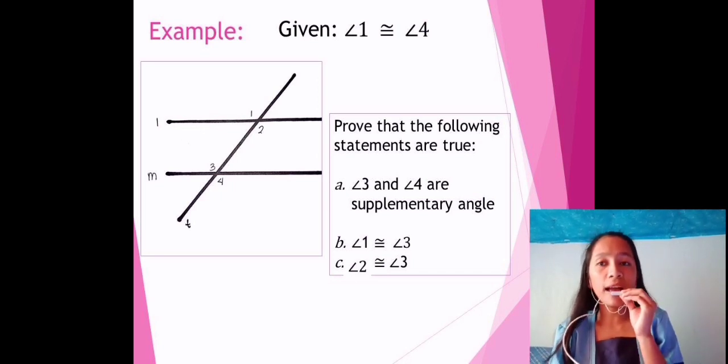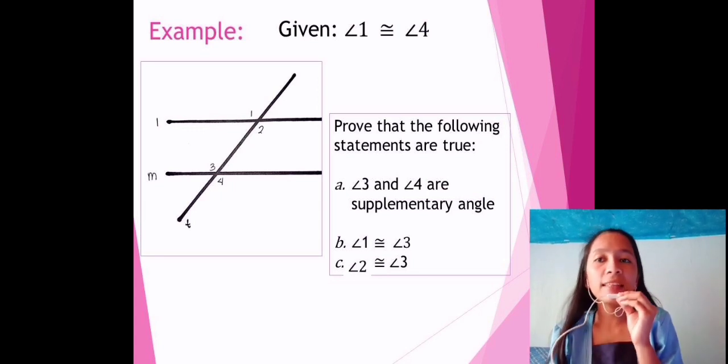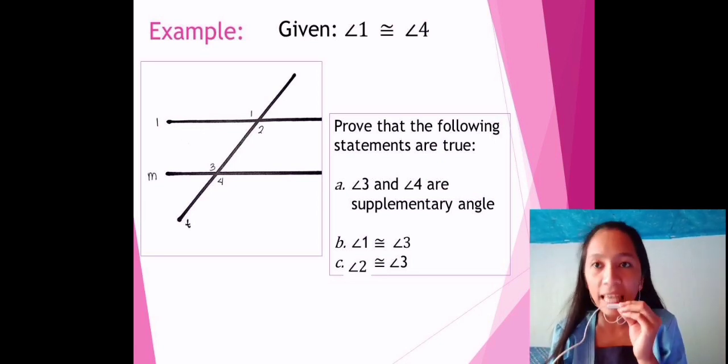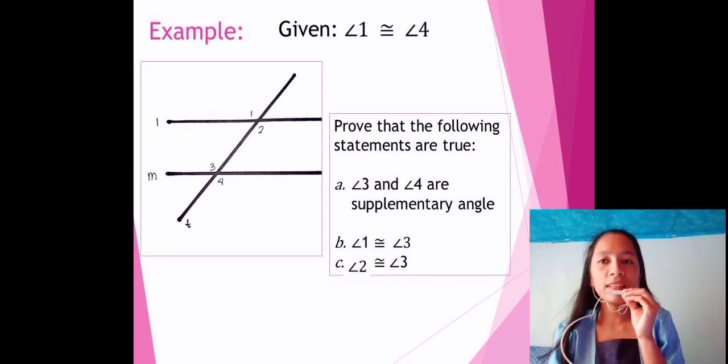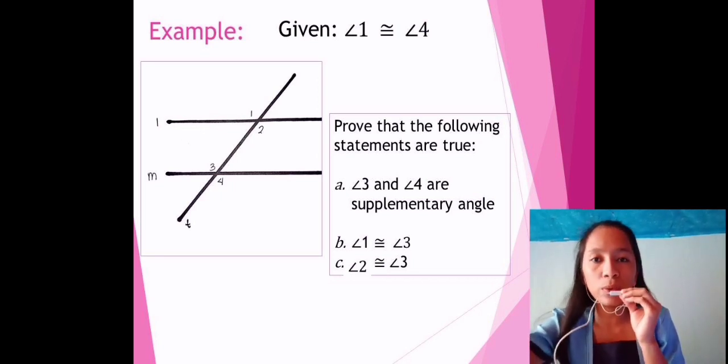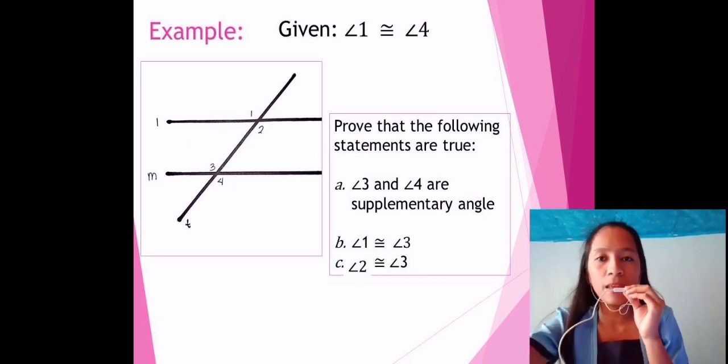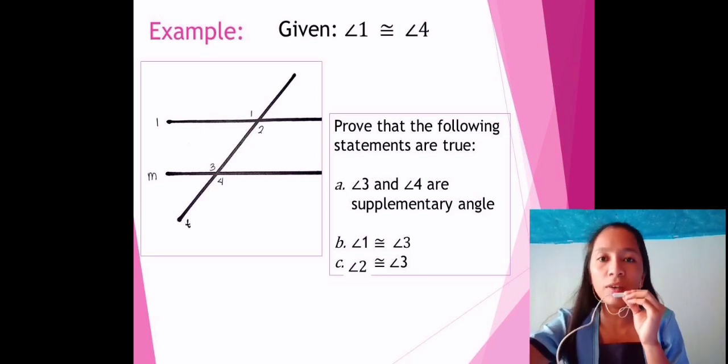And so, yung ating angle 4 and angle 3 is congruent because yung ating line L and line M is parallel to each other. And so, kung yung angle 1 is congruent to angle 4, yung angle 4 is congruent to angle 3, then it is correct that angle 1 is also congruent to angle 3. So, na-prove natin na tama yung letter B.